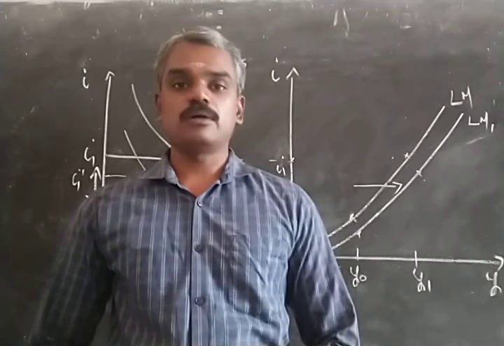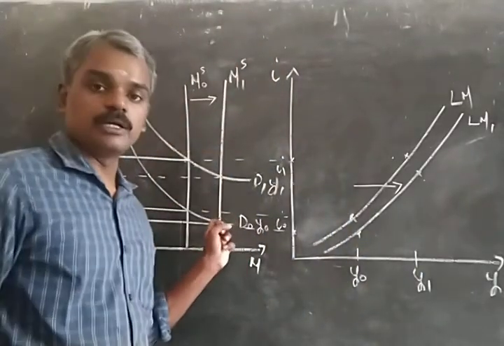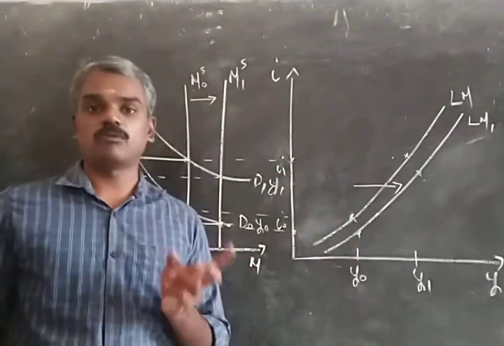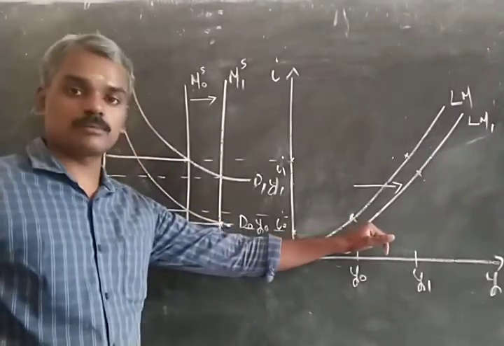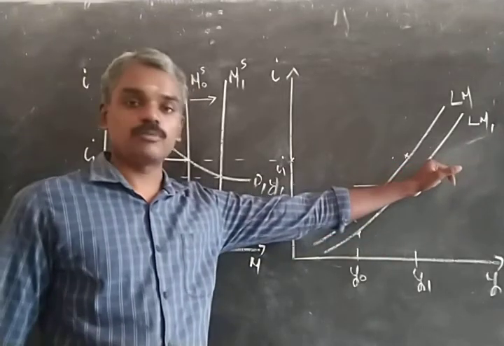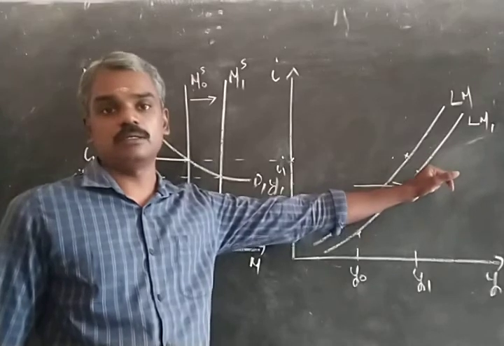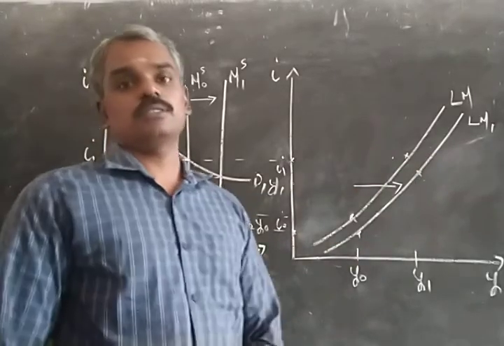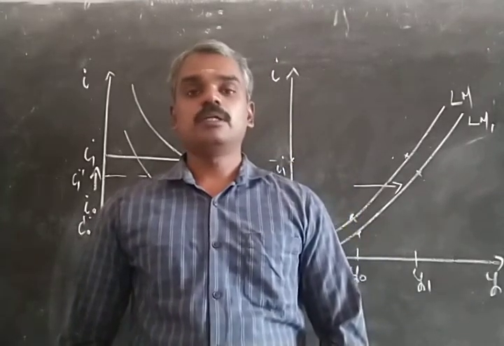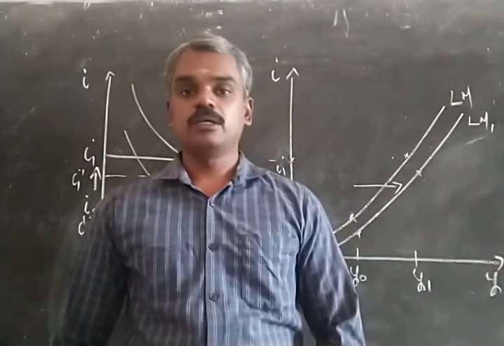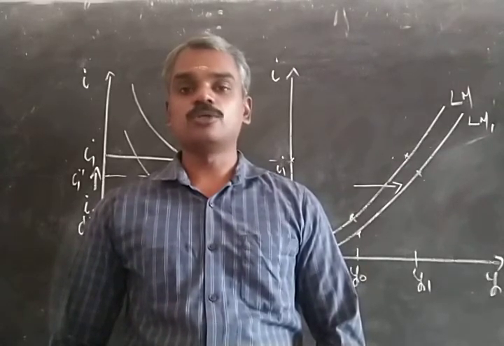So rate of interest falls and demand for money increases, and demand for money and supply of money will be equal at the same level of income Y0, but at a lower rate of interest I0 dash. These 2 points are plotted here, and another combination of interest rate and income is obtained. We join these 2 points and arrive at the new LM curve, where demand for money is equal to supply of money. So because of a shift in the stock of money, the LM curve shifted.